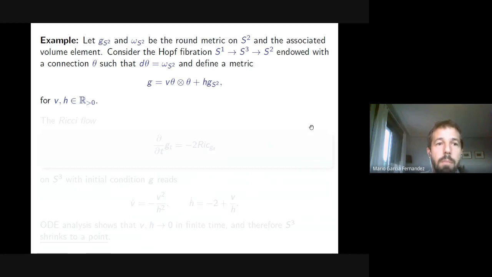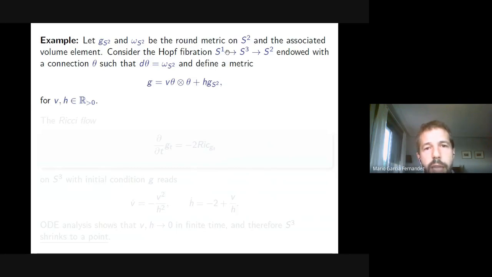And let me start with an example. Take the 3-sphere, the Hopf fibration over S2. I take the round metric on S2 and the associated volume form. I choose a connection 1-form for this U(1) bundle, whose curvature is the volume form on the 2-sphere. And I define this family of metrics depending on two constants.